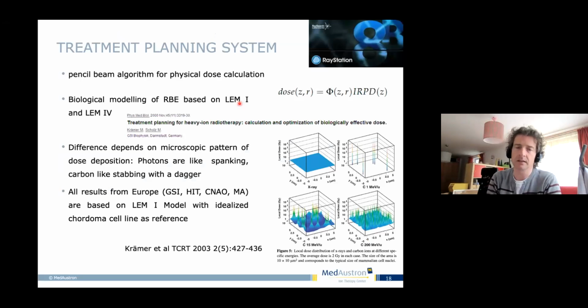We stick to the local effect model as it was implemented in our clinically used RayStation treatment planning system, although we have a program to translate from the local effect model RBE to MKM models in the near future to be able to extract carbon experience from Japan.